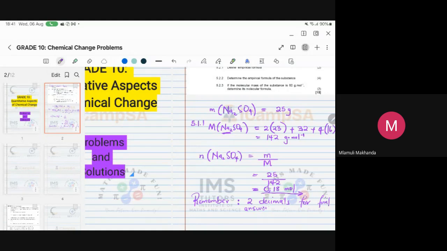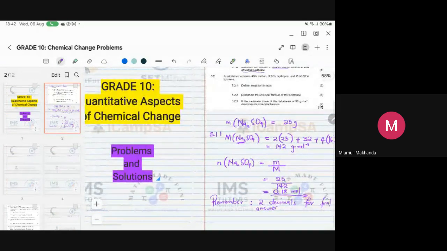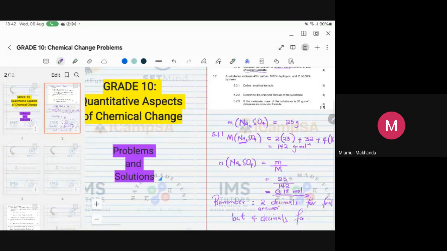But if this was not our final answer, we still had to use these number of moles to find something else in the question, then 4 decimal places for intermediate steps.